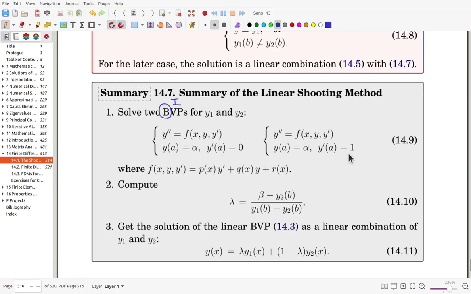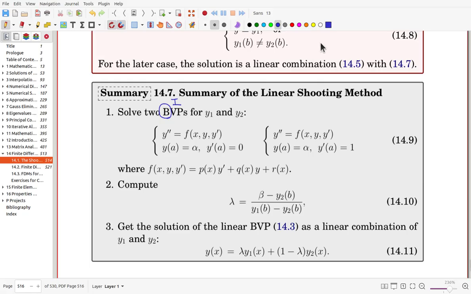So we shoot twice, and after getting the solutions, we try to get lambda. Because the slopes are different, the solutions are different, and from this claim, we know that y1 at b cannot be the same as y2 at b.